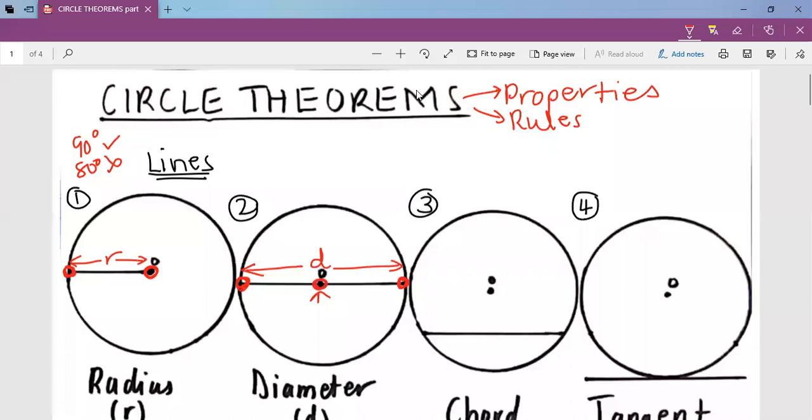Number 3, when you have a straight line from the circumference going to the other end of the circumference, but it is not passing through the center, because if you check, the center is somewhere up here, this line is always known as a chord.